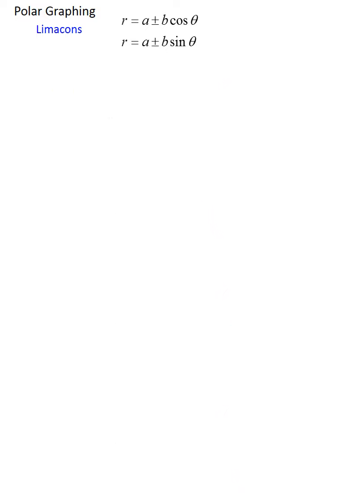Now I've noticed things even further than that. And again, I'm just sharing observations with you. I'm not giving you any strategies here. I've gone as far as to look into things like this. Let's take the one specific case where A is smaller than B, and I have a sine in my limacon equation, and I have a plus.